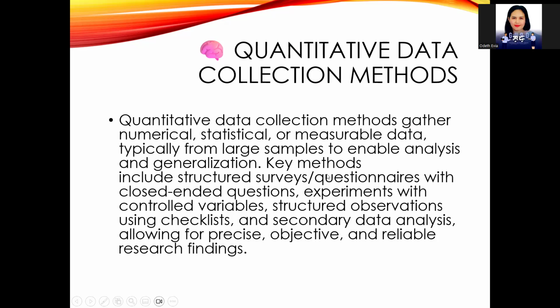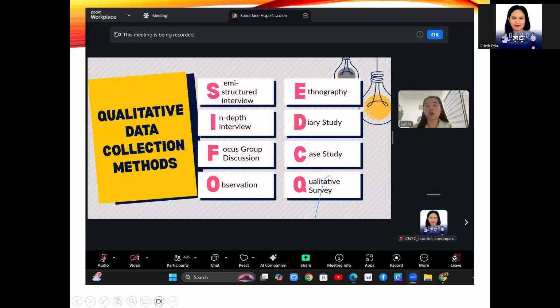Key methods include structured surveys or questionnaires with close-ended questions, experiments with controlled variables, structured observations using checklists, and secondary data analysis, which allows for precise, objective, and reliable research findings.